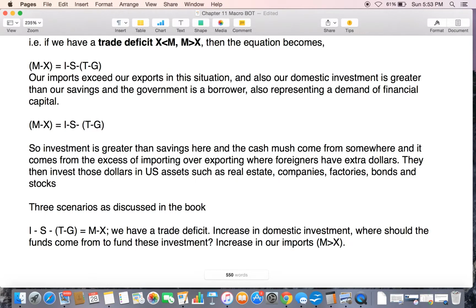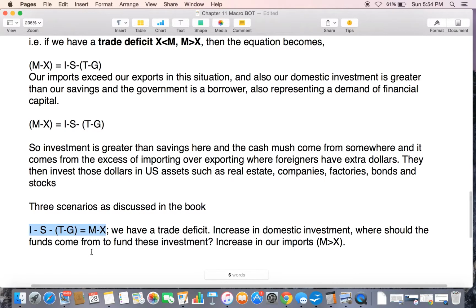And as m minus x grows and we're importing more and more, we're providing more and more financial capital to those abroad. Those abroad are going to have that cash. They're going to have US dollars, and they turn around and buy US companies. They buy US real estate and factories and bonds and stocks especially, which will allow for more domestic investing to occur. So that's the first scenario.